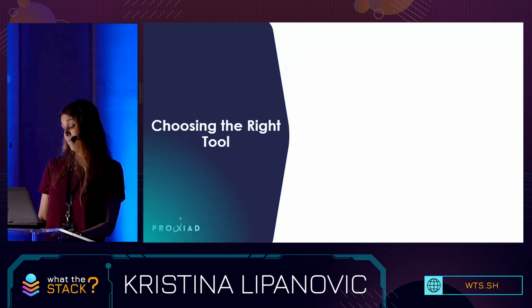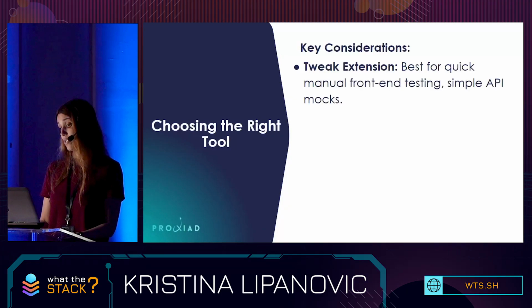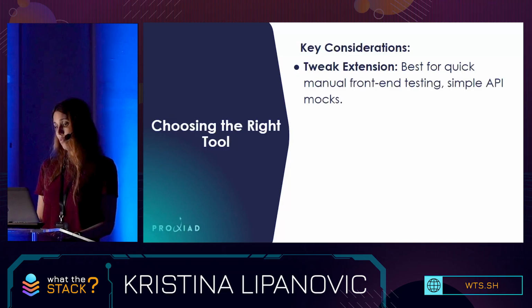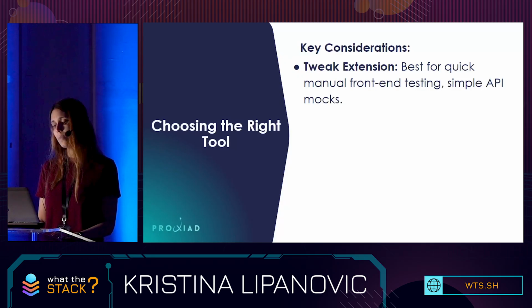So, choosing the right tool, of course, you don't have to choose just one. You can use multiple. You can use some that are not mentioned in this presentation. You can do your own investigation. But the key considerations: if you want something very quick for manual front-end testing and simple API mocks, then you could default to Tweak.